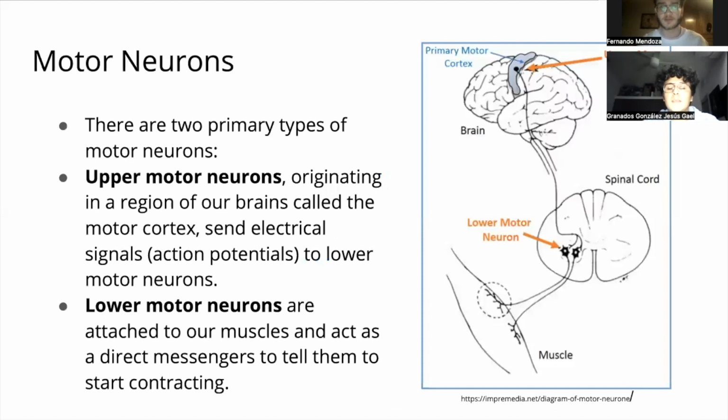And yeah, we have two primary types of motor neurons. The upper motor neurons originate in a region of our brains called the motor cortex, and they send electrical signals, or action potentials, to the lower motor neurons. The lower motor neurons are attached to our muscles and act as direct messengers to tell the muscles when to contract or when to extend.